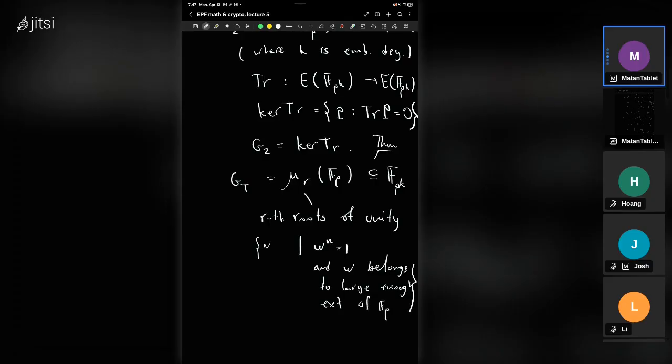So it turns out that for the embedding degree K, the large enough extension in which all the roots of unity of order R live is Fp to the K.